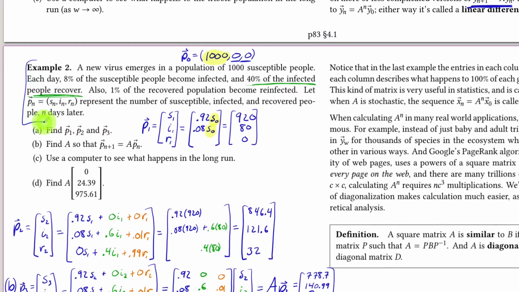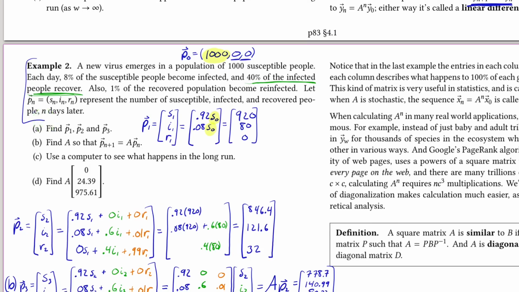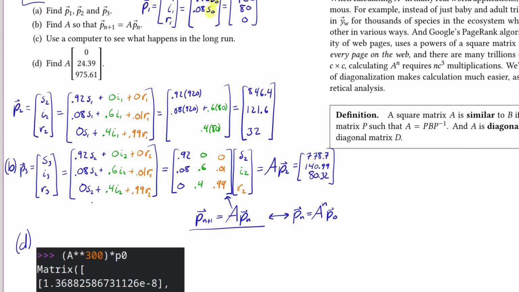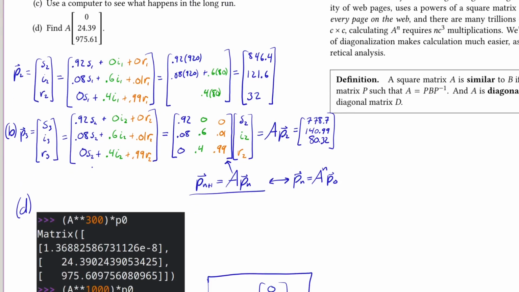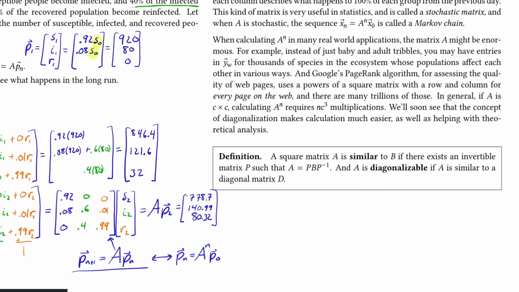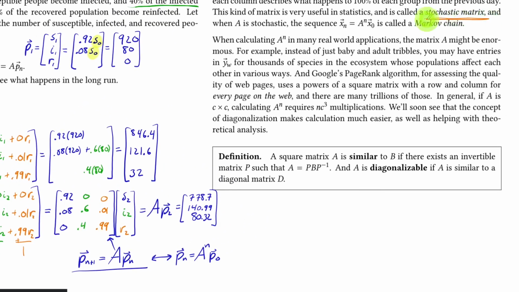This description is telling you essentially what happens to 100% of the susceptible people, what happens to 100% of the infected people, and what happens to 100% of the recovered people, which is why all of these columns of this matrix add up to 1. So this is a special kind of matrix when you have that situation. You call it a stochastic matrix. It's really important in probability theory and statistics. It's useful for modeling a lot of complicated real-life things like this.